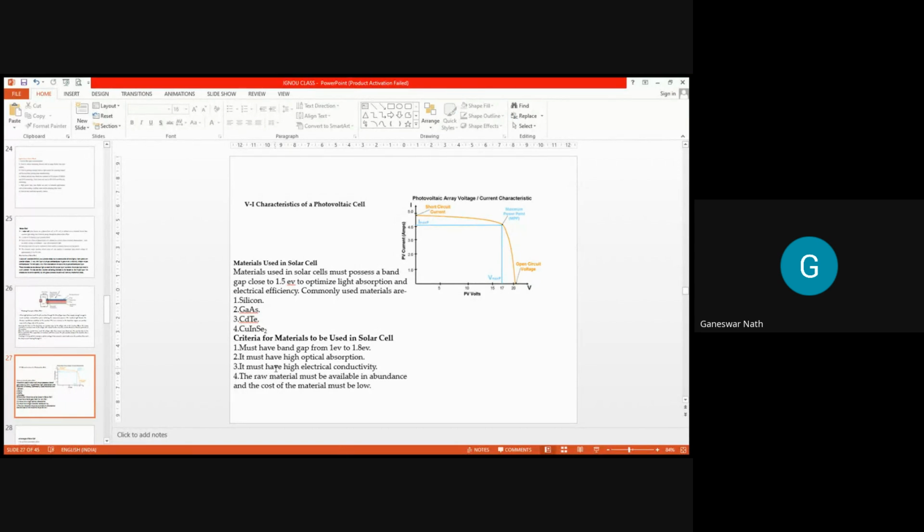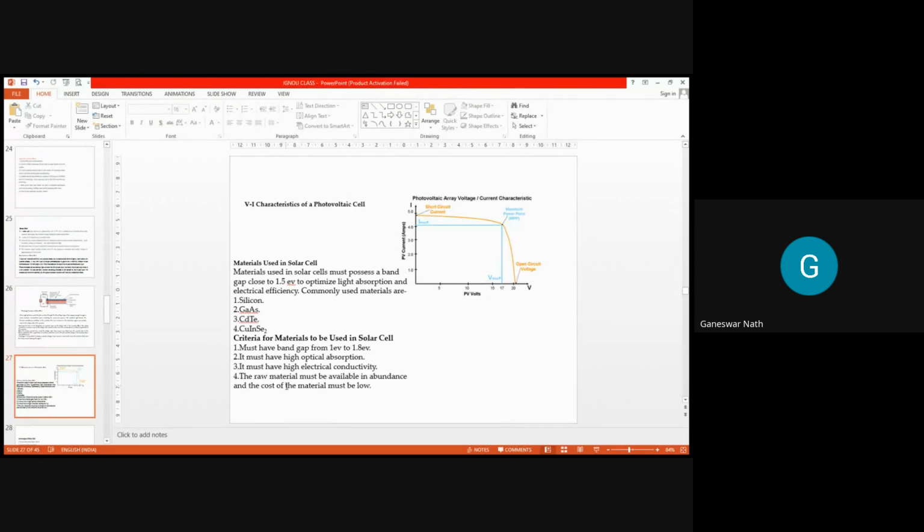What are the criteria? It must have a band gap from 1 eV to 1.8 eV. Remember, 1 eV to 1.8 eV electron volt. It must have high optical absorption. It must have high electrical conductivity. The raw material must be available in abundance, and the cost of the material must be low.